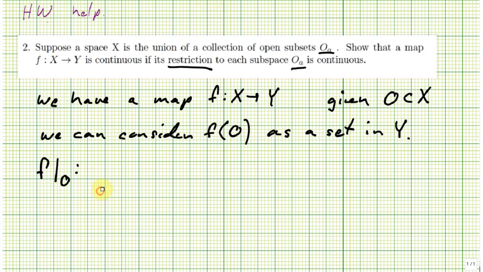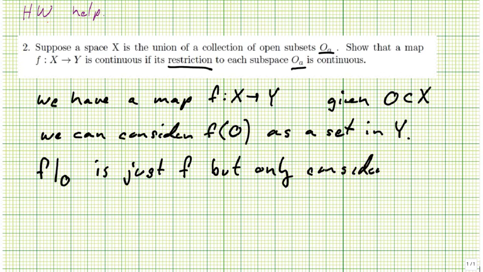What I mean by F restricted to the open set is just F, but only considered as a map on O. In other words, since this open set O, and maybe I should say O sub A here, I want to pick out a particular open set.